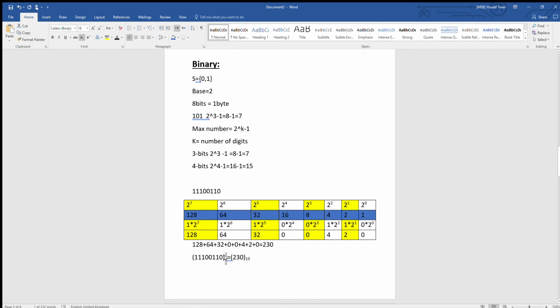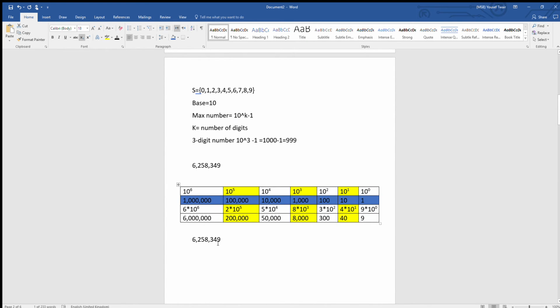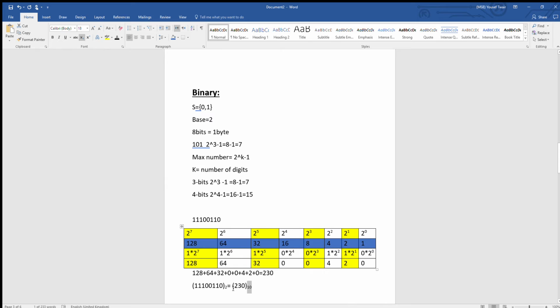I write the base here. It's equal to 230 in base 10, because in decimal the base is 10.